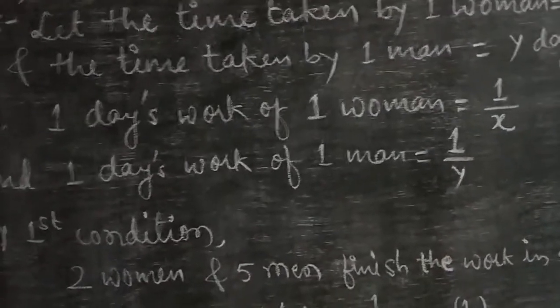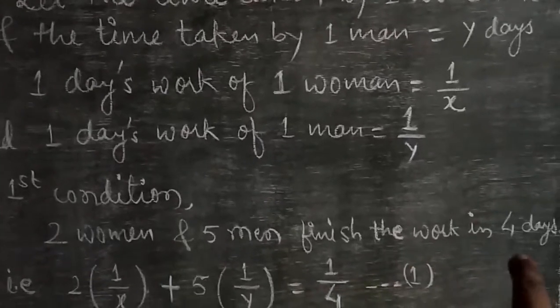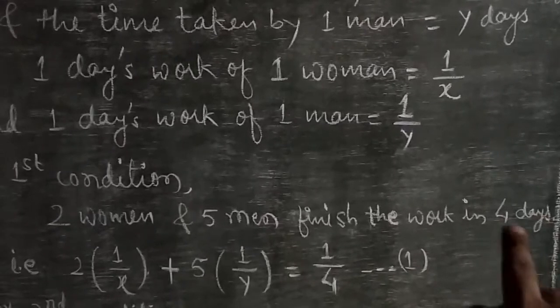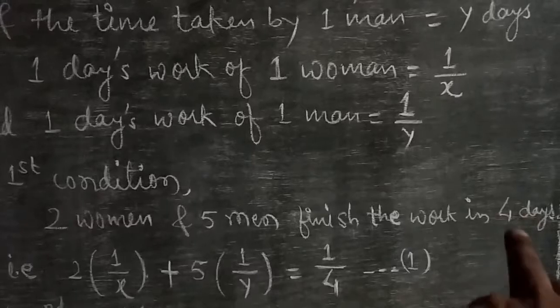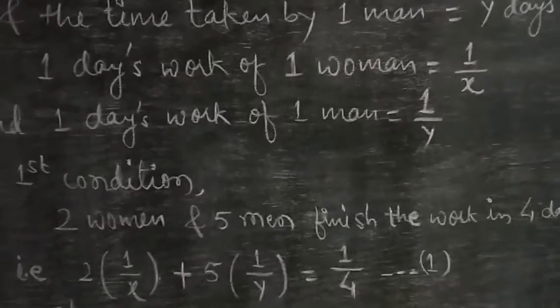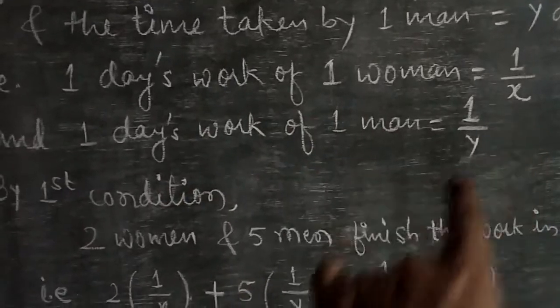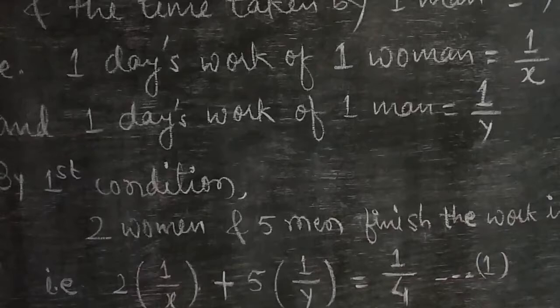Now our first condition. 2 women and 5 men can finish the work in 4 days. So the total work is completed in 4 days, so 1 day's work will be 1 upon 4. Now 2 women: 1 day's work of one woman is 1 upon x, so the work of 2 women will be 2 into 1 upon x.